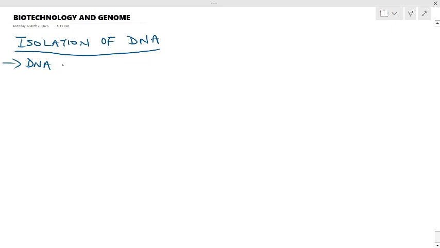So DNA is usually found in the nucleus of cells. And cells in themselves are the fundamental units of life.